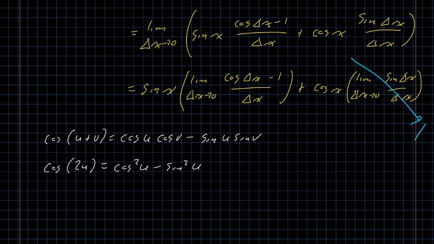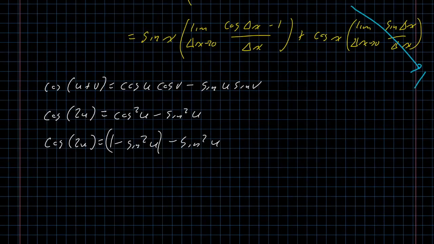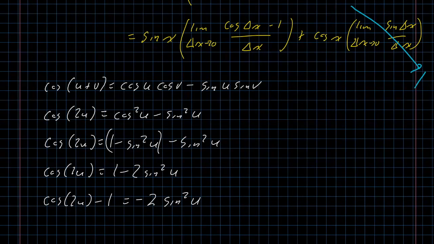Specifically, I like the version that uses the Pythagorean identity. Cosine of 2u is 1 minus 2 sine squared u, which means that cosine of 2u minus 1 is equal to the negative of 2 times the sine squared of u.